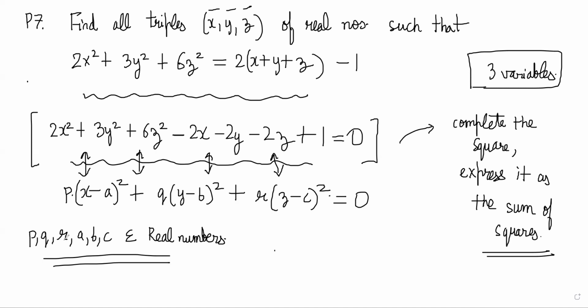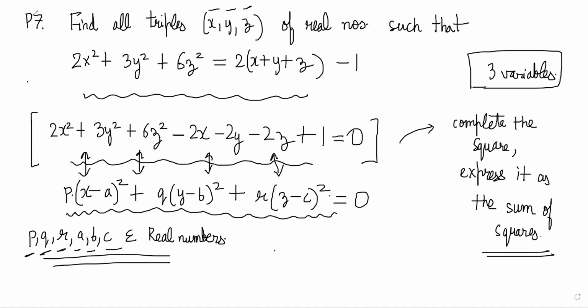And what I want to find is the values of p, q, r, a, b, c. So how do I do that? The way in which you can do that is try to expand this, and once you expand this, you match the coefficients. So let's try that on the next screen.